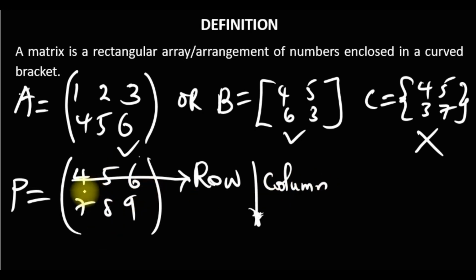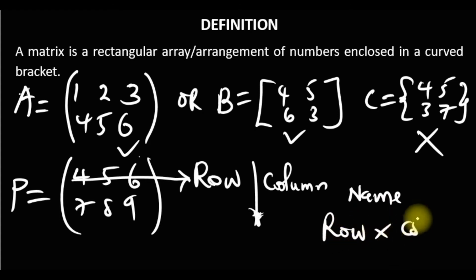As you can see, this matrix has 2 rows and 3 columns. 1, 2, 3 columns, 1, 2 rows. In naming a matrix, we name row by column. So this is 2 by 3.